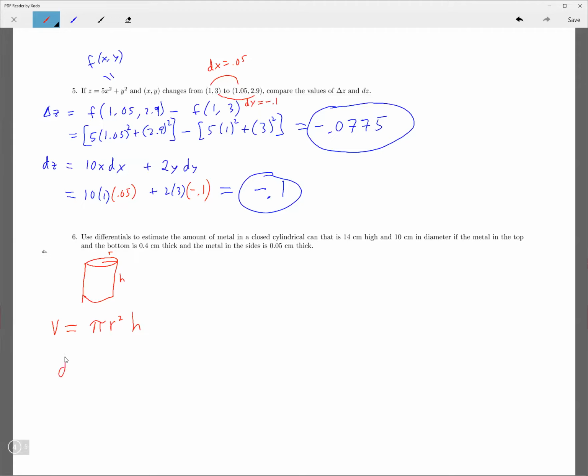Okay, now dV, the differential. You have volume as a function of radius and height. So what's the differential?